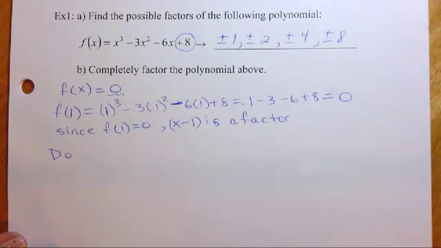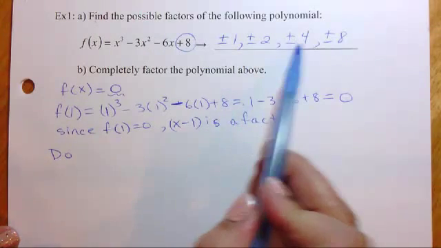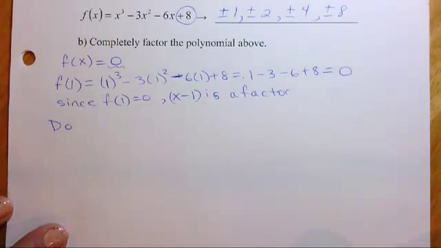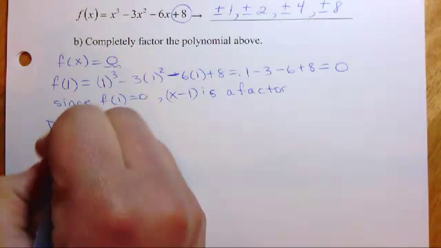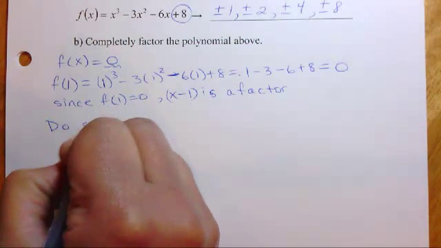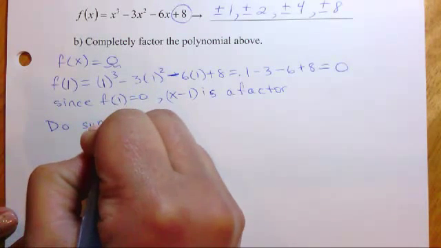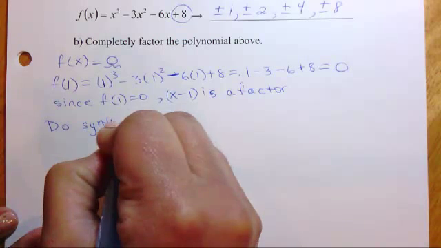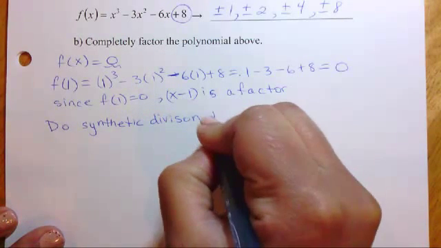I could continue guessing and checking these values if I wanted to, but it might take a while. I'm kind of taking a risk doing so. So another strategy is, once you have one of the factors, you can do synthetic division to figure out the rest.